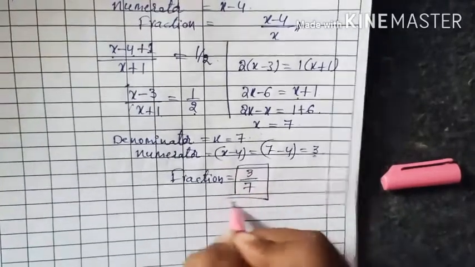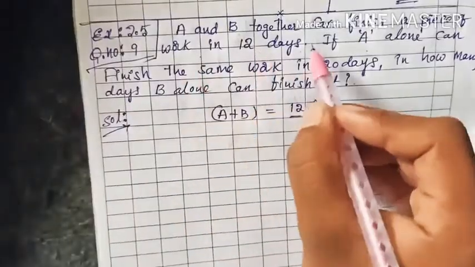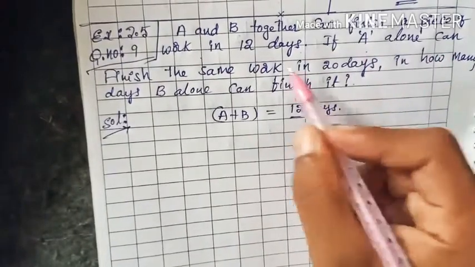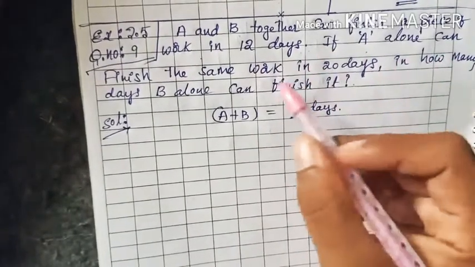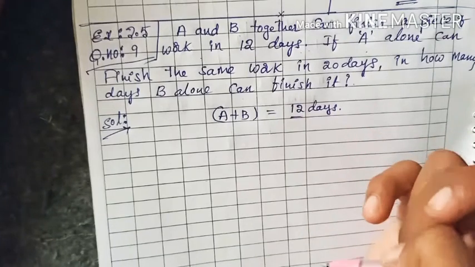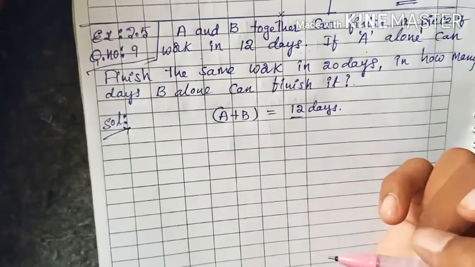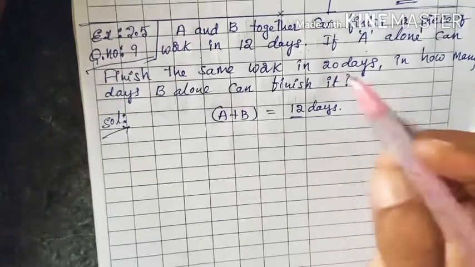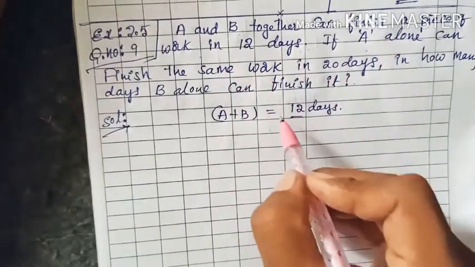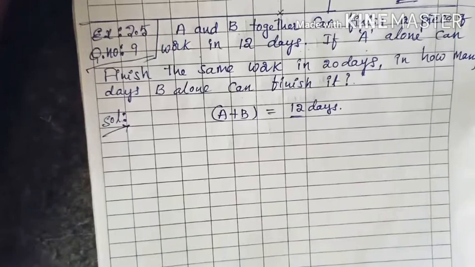This is the fraction. A and B together can finish a piece of work in 12 days. If A alone can finish the same work in 20 days, in how many days can B alone finish it? Okay, A and B together can finish a piece of work in 12 days. What about 1 day's work?